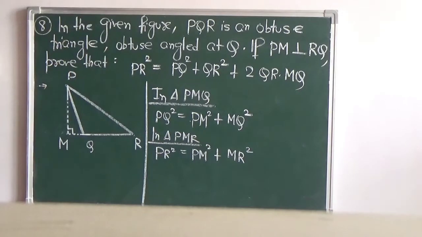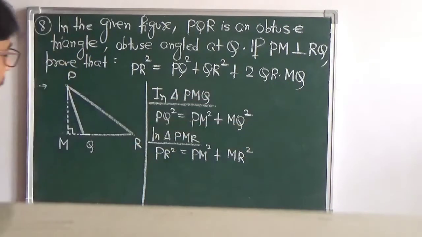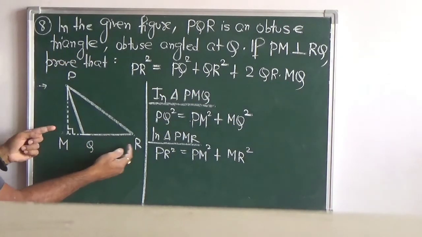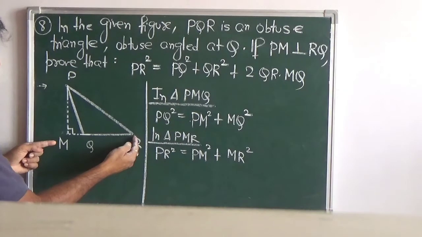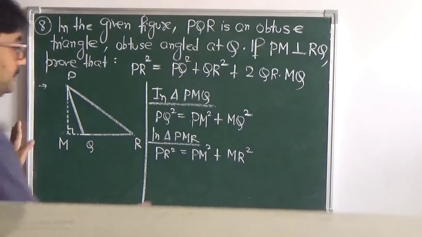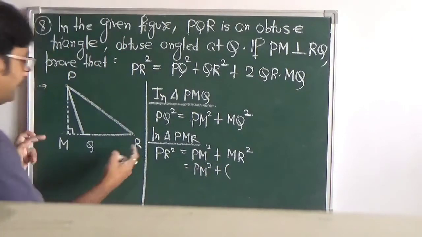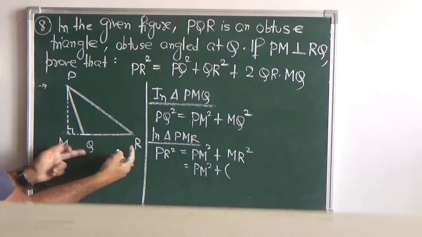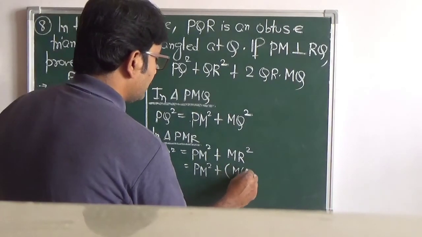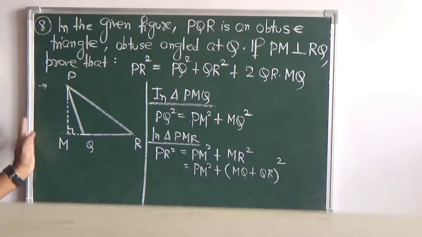Now in the relation you need QR and MQ, and we have here MR. So what can you write about MR? MQ plus QR. So you can write it as PM square plus, in place of MR, we write MQ plus QR, whole square.